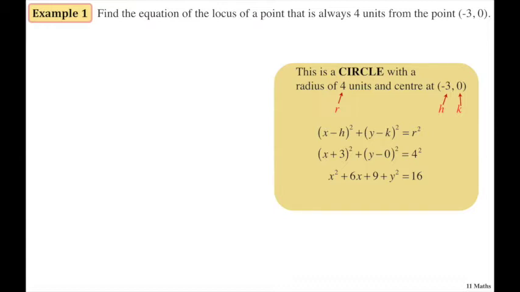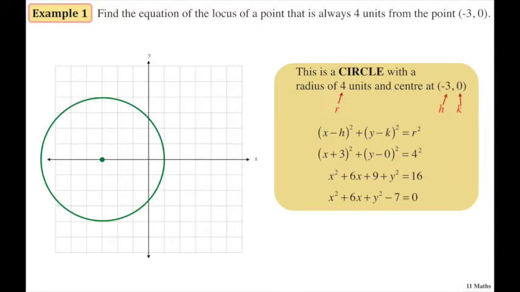Let's minus 16 from both sides. When we minus 16, 9 take 16 gives minus 7. We end up with x squared plus 6x plus y squared take 7 equals 0. Remember, we like to give our answer with an equals 0. If we just wanted to see what that would look like, it's a circle with a center at negative 3, 0 and a radius of 4.